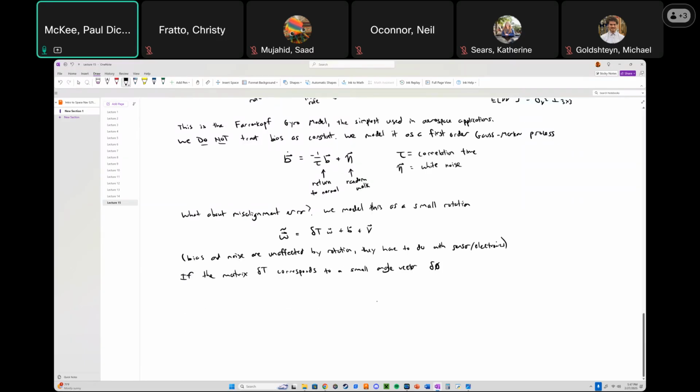Then we can say that delta T is the identity matrix minus delta phi cross product matrix. Or for the sake of derivation, we could say that this is I plus E, where we're just defining E as the negative cross product matrix of this small angle vector. So our original equation becomes that our noisy measurement is identity matrix plus E, which is something that we would need to find out, times omega plus B plus nu.